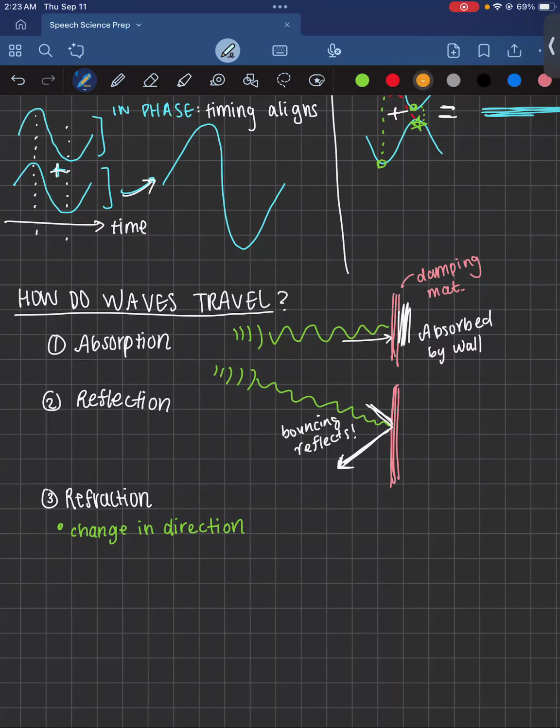So there are two reasons why. One would be a change in temperature. So, for example, if you go from warm air to cold air, that could cause a change in direction. And the other would be change in the medium, or the state of matter that it's passing through.